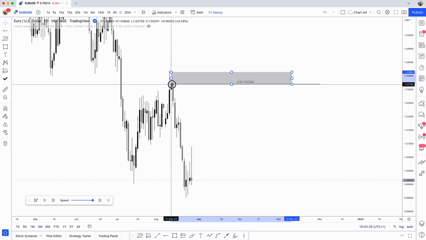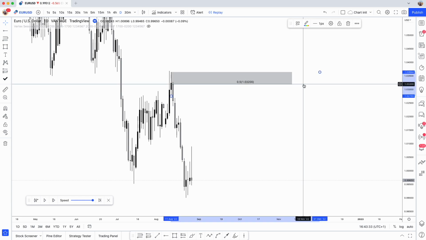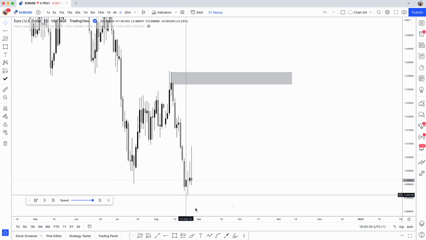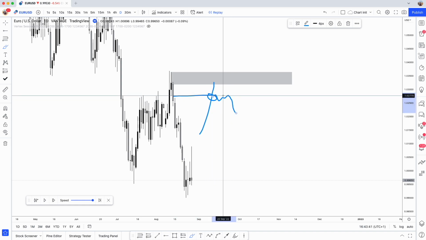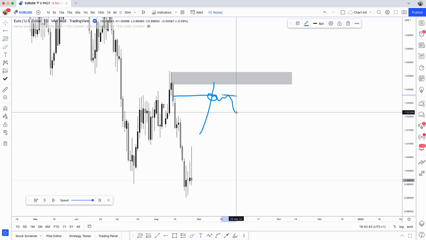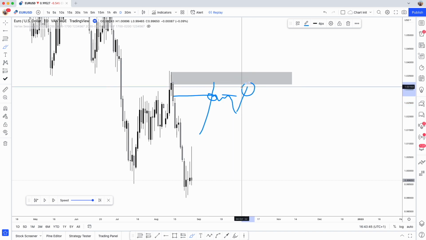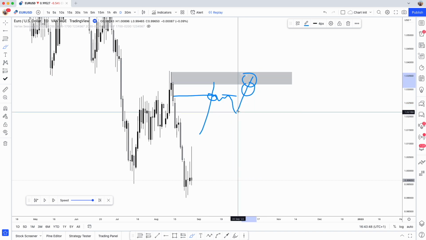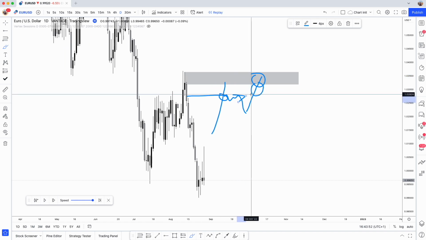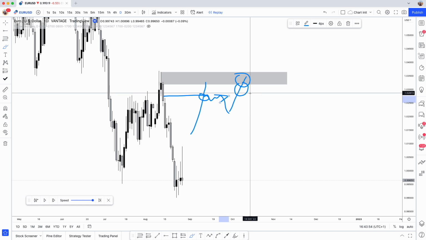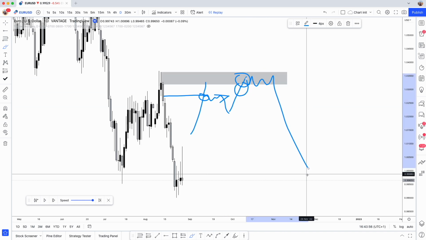In terms of our refinement in this case, because we're not going to trade directly off this, we don't need to be too refined, but we don't want our POIs to be too large, because effectively we can have reactions at, for example, the open, which somewhat follow through, and then we take the trade, for example, here, and then we get taken out and price goes further into the POI. And because you've either taken a loss or break even, it could demotivate you to bother to keep looking, and then you're going to miss opportunities that play out.